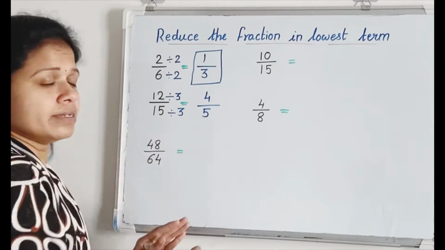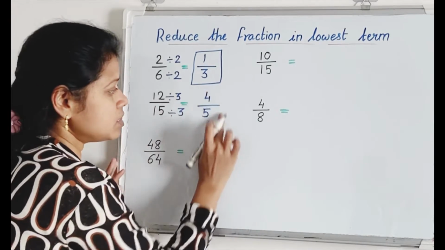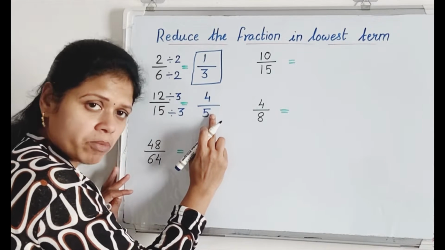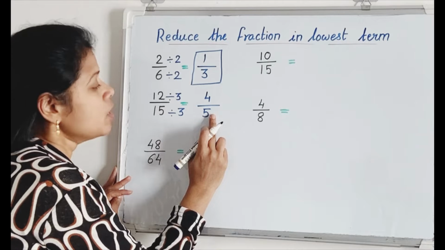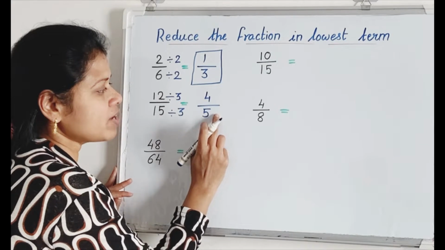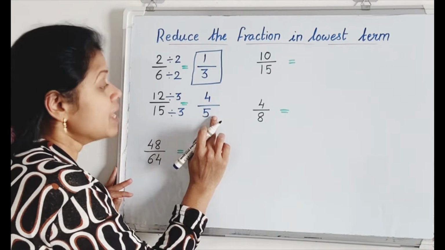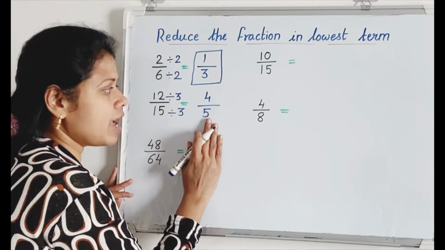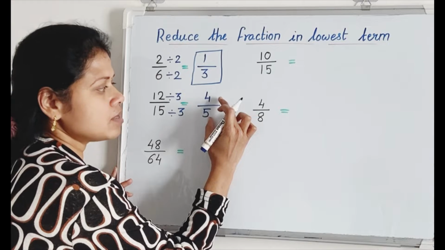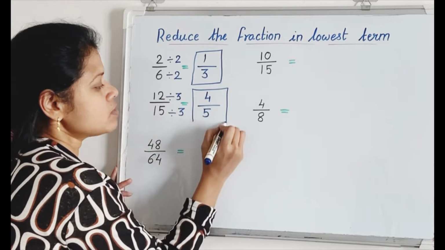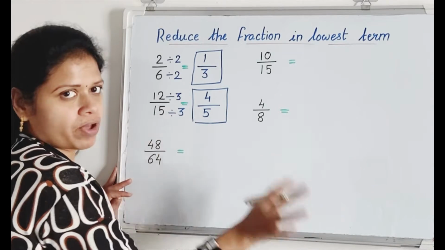After dividing, check whether the numerator and denominator have any common factor. No. If there is no common factor, then you can say that this fraction is in the lowest term. The lowest term of this is 4 by 5.